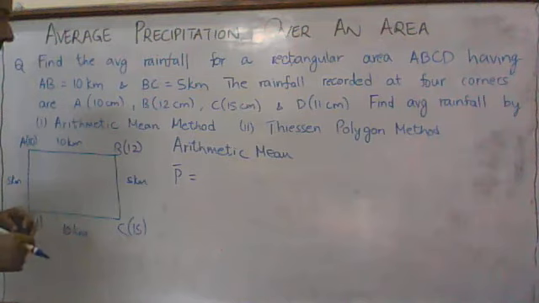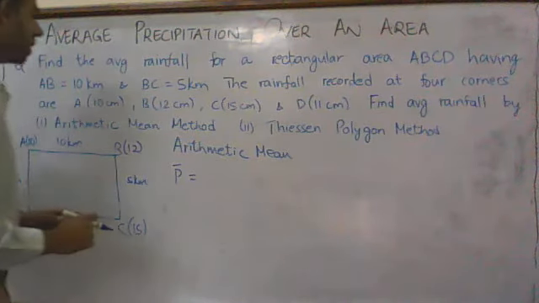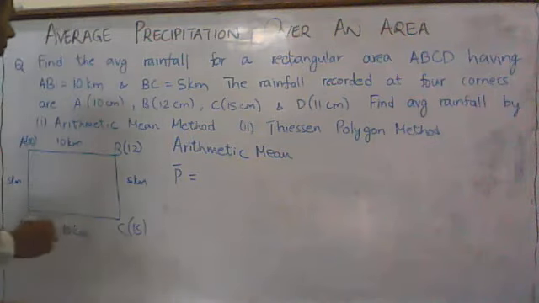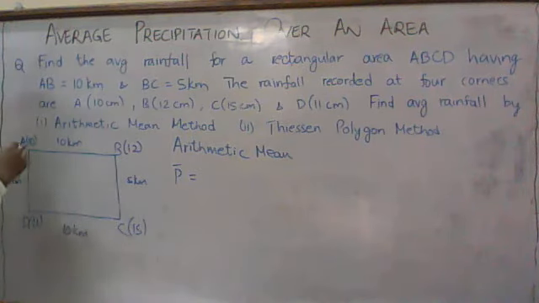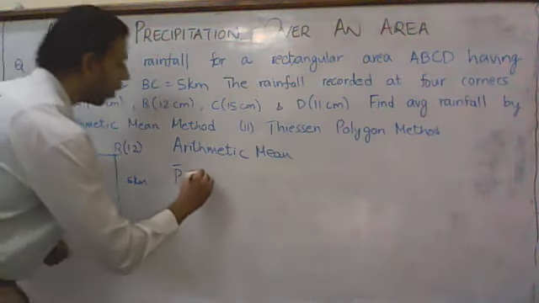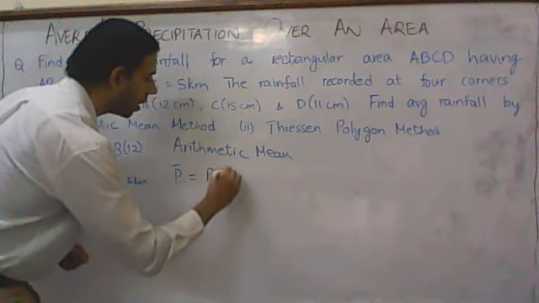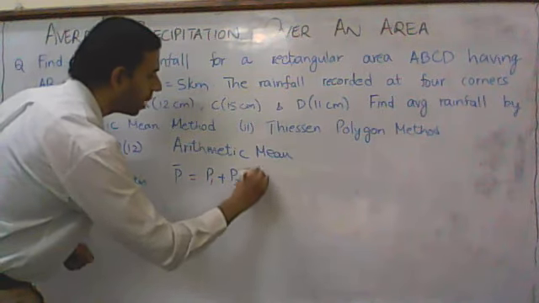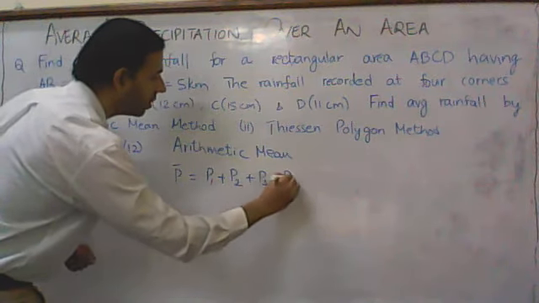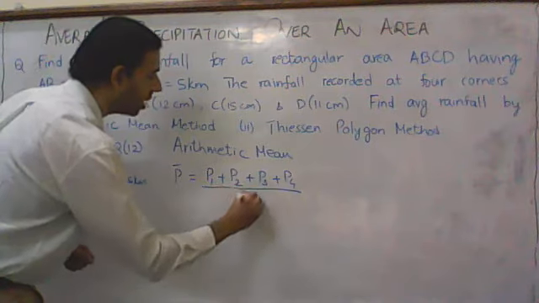Okay, we denote P bar as average precipitation. Now, in this case, how many rain gauges are there? There are 4 rain gauges at each corner of the rectangle. So the formula will be P1 plus P2 plus P3 plus P4 whole divided by N.